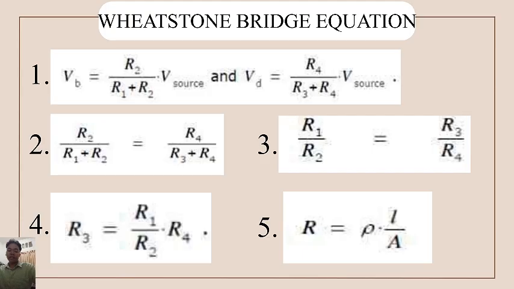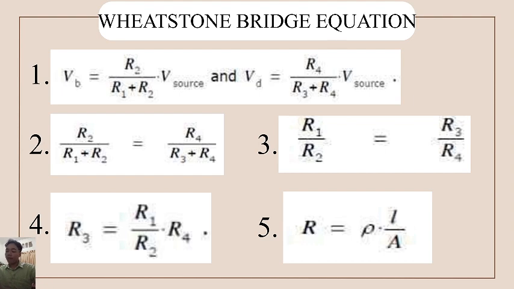R2, second resistor in the left branch. R3, first resistor in the right branch. And R4, second resistor in the right branch. And number 4 is the balance condition of a Wheatstone bridge circuit. R1 and R2 form one pair of resistors, and R3 and R4 form the other pair.